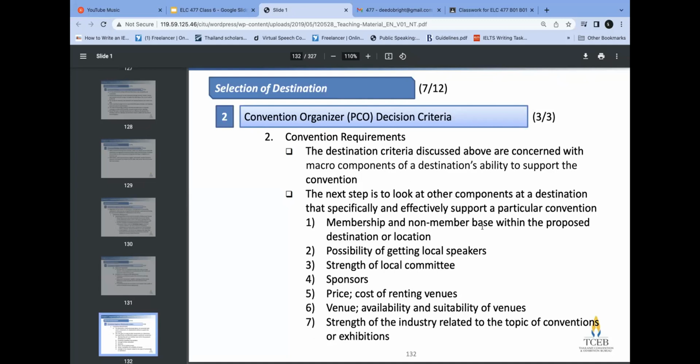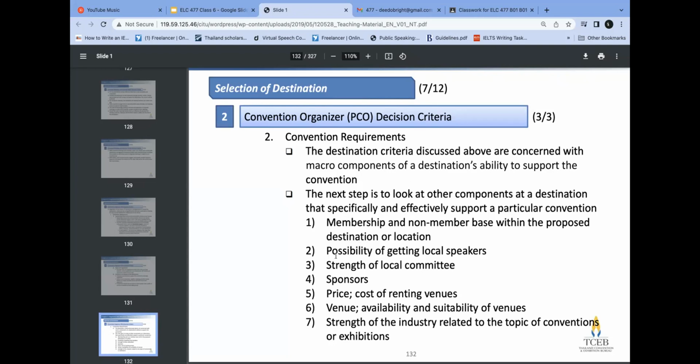So you can see there is a list of things we have to understand. The first is the membership and non-membership base within the proposed destination or location. I highlight membership here, or even non-membership.